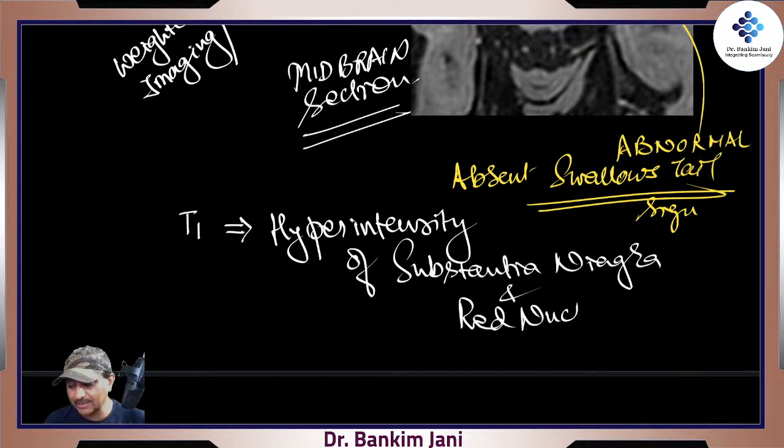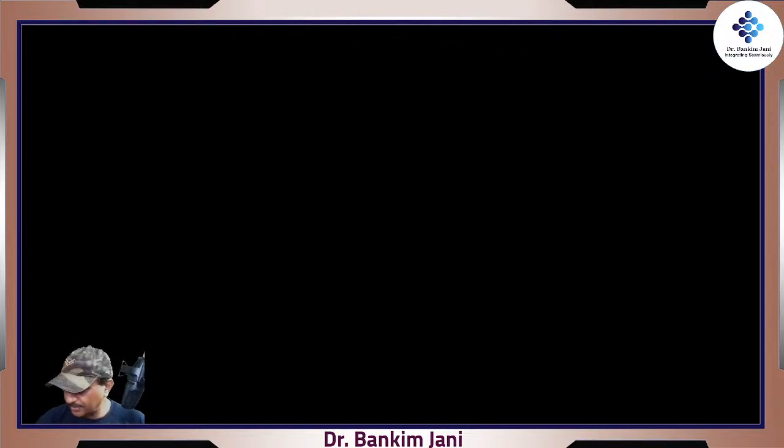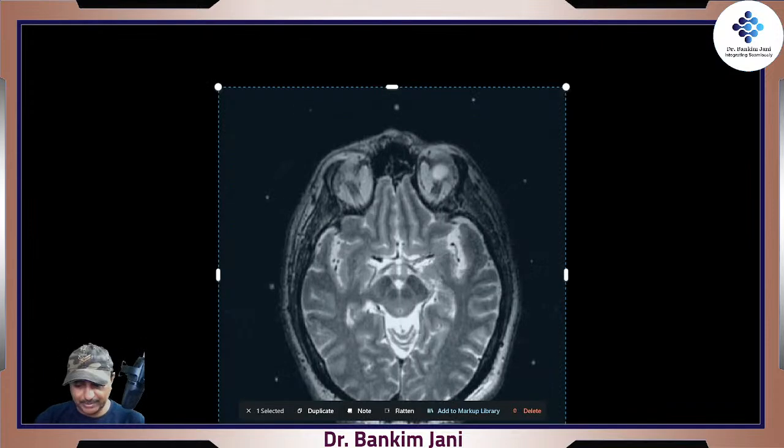So where is this red nucleus, right? Where is this? Let's see one MRI section, and we see the red nucleus in that. Red nucleus is the largest, it's named like that. Yeah, very nice section.